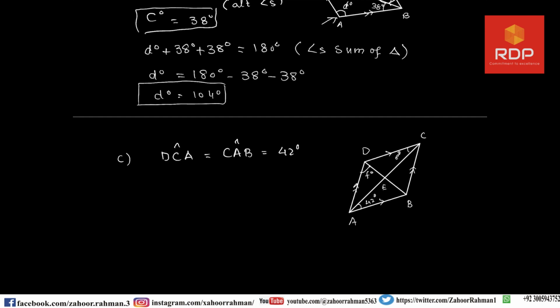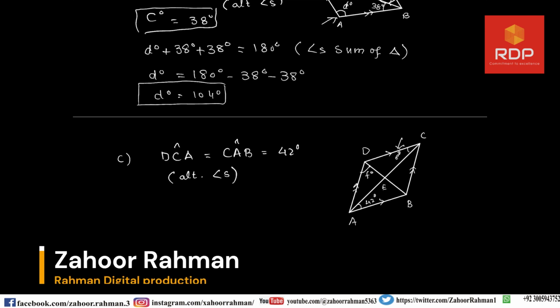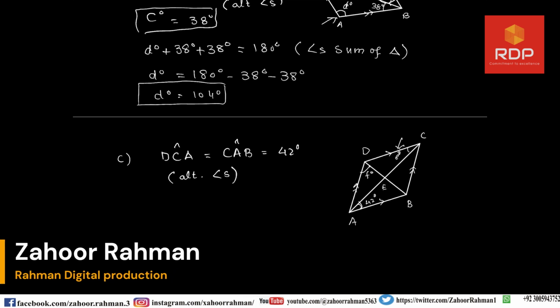If yes, then the alternate angles theorem is the cause of it. Because DCA, which is our goal, must be equal to CAB, which is this one.